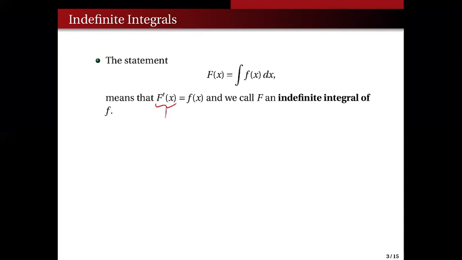So this is the derivative with respect to x of capital F of x, and capital F of x is the integral of f of x dx. According to this, the derivative of this is just small f of x. And now it is clear that the derivative undoes the integral.